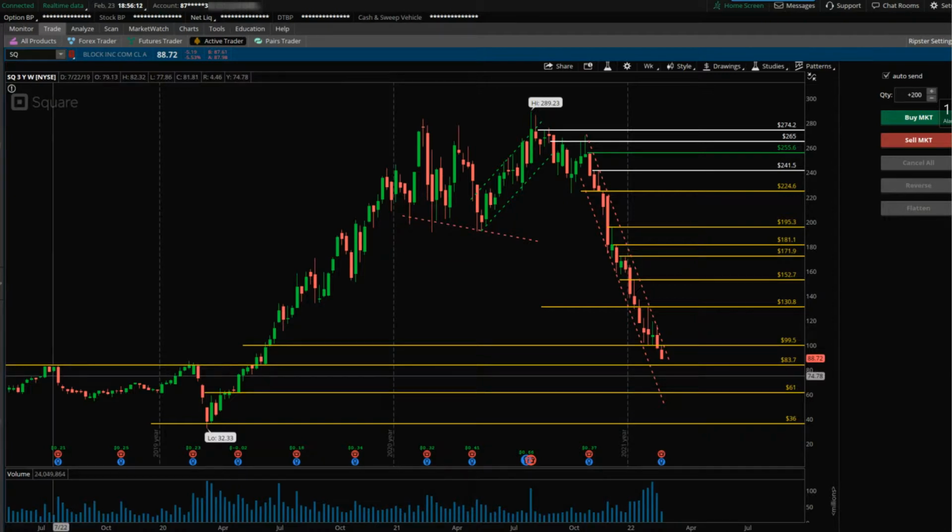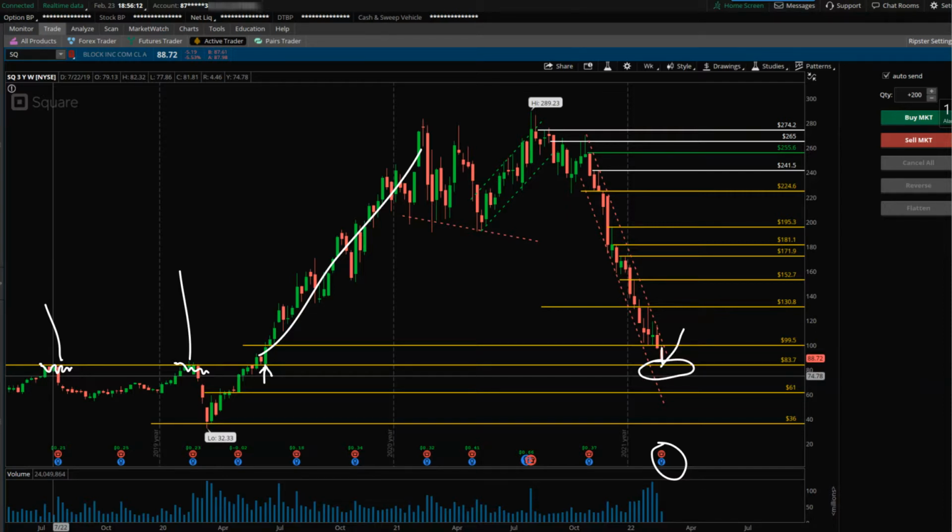But maybe with a small position, because this was resistance on the way up, and then it broke out above that right here, went all the way up, and now we're already approaching that level with earnings coming up. Who knows what will happen? But technically speaking, it's a good level here around 84 for a little bounce play.